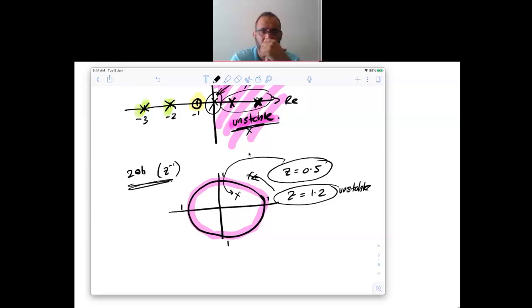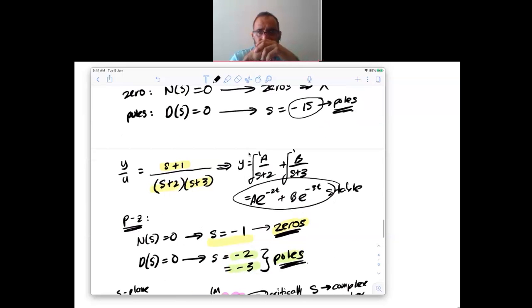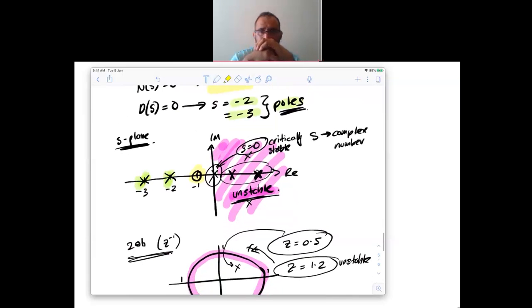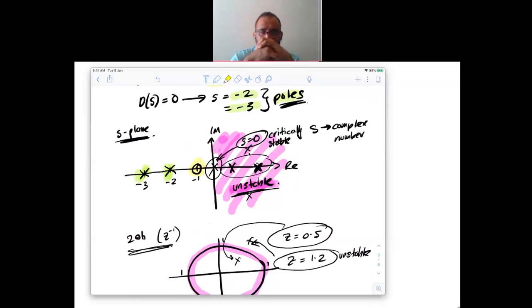It is actually the same. Either you look at the time domain, where it must be a negative exponential, otherwise it's unstable. For the Laplace domain, it must have poles with a negative real part.